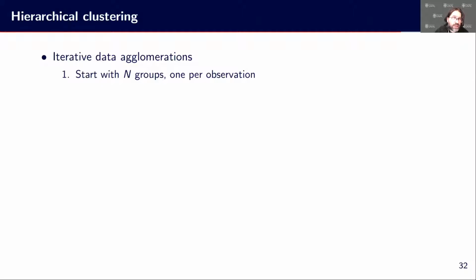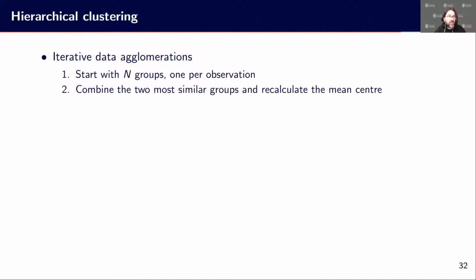The idea is that we can make this kind of heuristic approach. There are different ways of doing it. We can see this as an iterative data agglomeration approach, where we get data put together. We start with each sample being a group, so we have n samples and n groups, and then we combine them by fusing the groups.